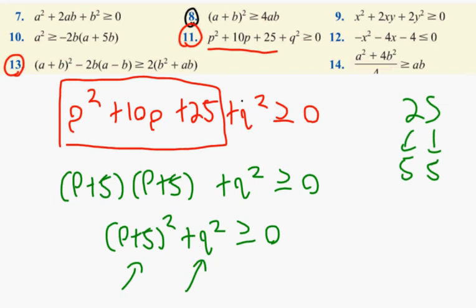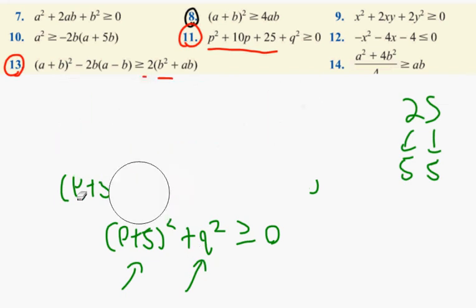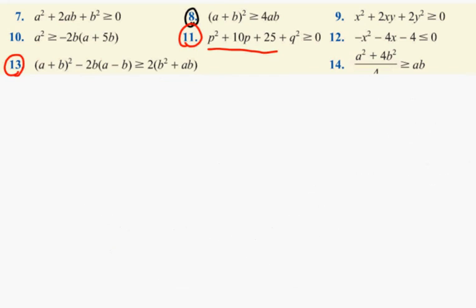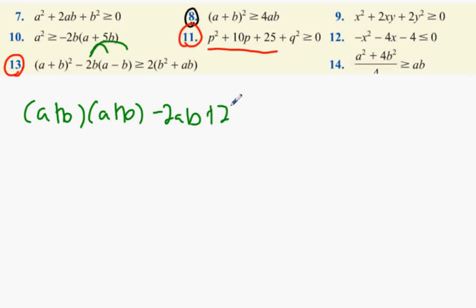Number 13 would be a confusing enough one. What's good about 13 is the fact that there's a lot of multiplying in it. So it's a plus b by a plus b minus 2ab, when I multiply that out, plus 2b squared. On the other side we have a 2b squared, and we have a 2ab. Now the 2b squareds will cancel each other.